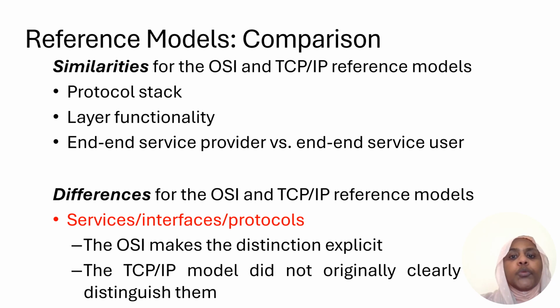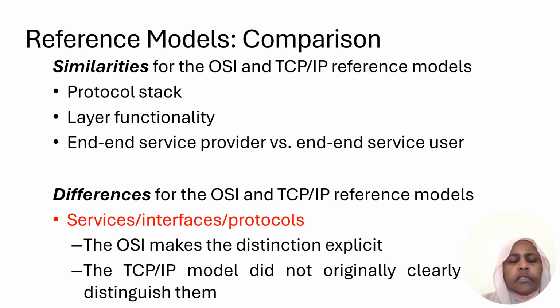The similarities between the TCP/IP reference model and the OSI reference model are that they are both layered models. They both have a protocol stack. They both provide an end-to-end service provider and end-to-end service user. The differences are that in the OSI reference model, services, interfaces, and protocols are clearly distinguished and well-defined.